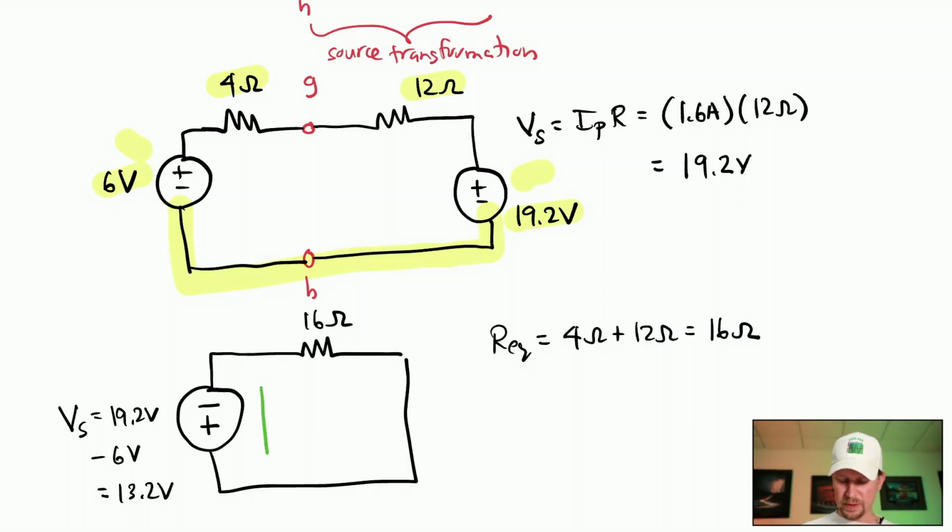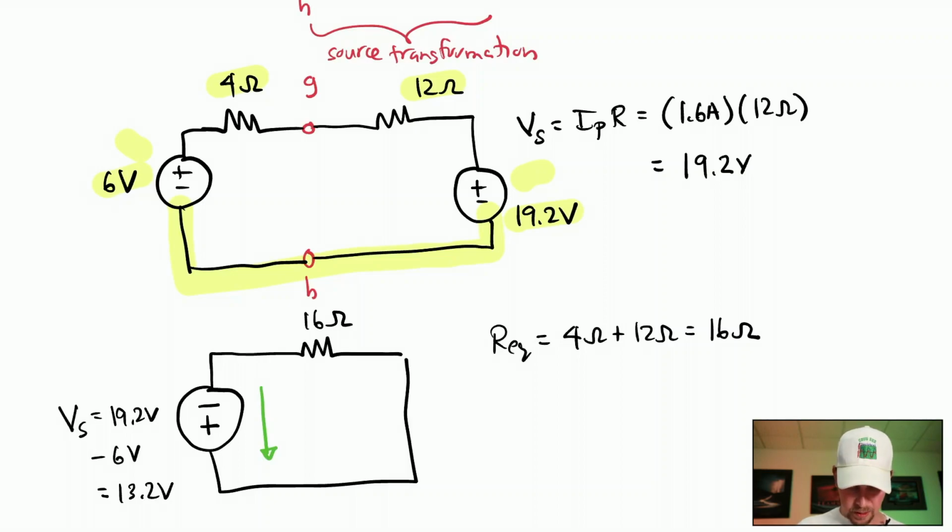Now, the reason this is important is because, again, notice that there's actually going to be a current that flows through this circuit, right? And the current itself is going to flow through the 16 ohm resistor, and we can actually calculate what that current happens to be. And notice that the current itself is flowing in that direction.